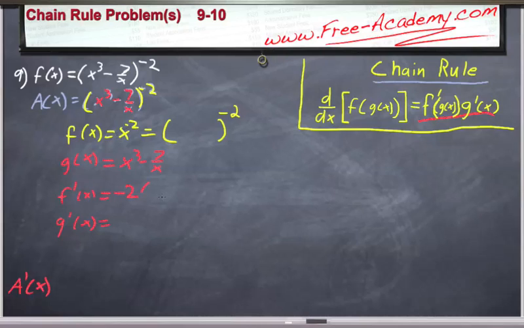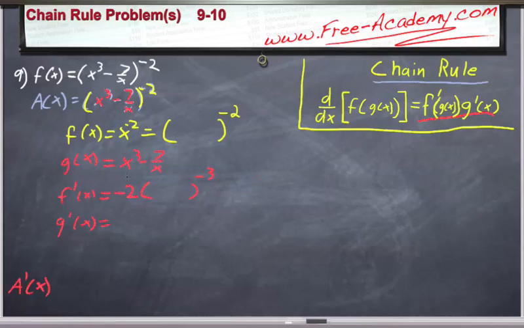We bring the negative 2 in front, and then subtract 1 from the exponent. Some solid mathematicians, PhDs, might be yelling at me for using this placeholder here, since that's really equal to negative 2x to the negative third. But like I said before, I like keeping that there when we're combining different functions.